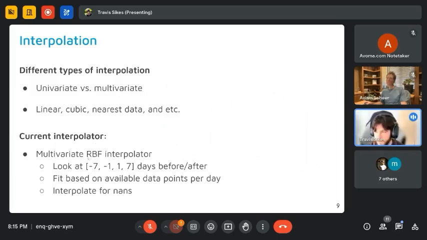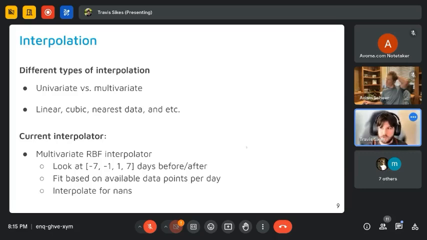RBF here stands for radial basis function. What it does right now is it looks at 7 days prior, so the same day but the week prior, the day before, the day after, and then 7 days after. And we will fit our data based upon the available data for all of these things and interpolate from the NaNs.